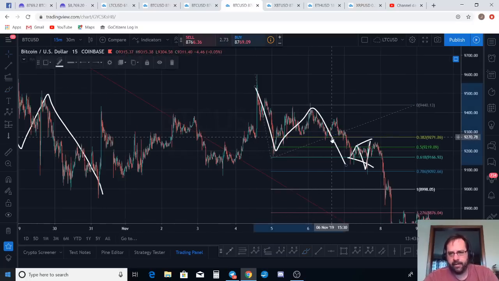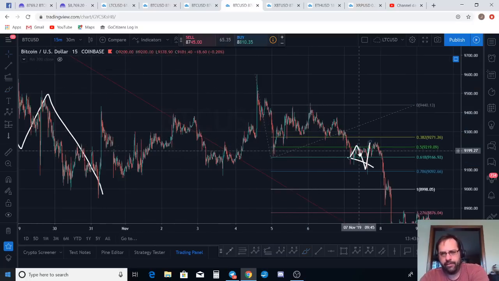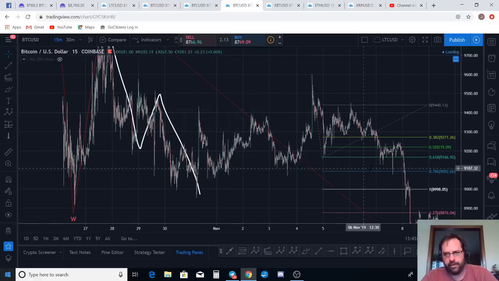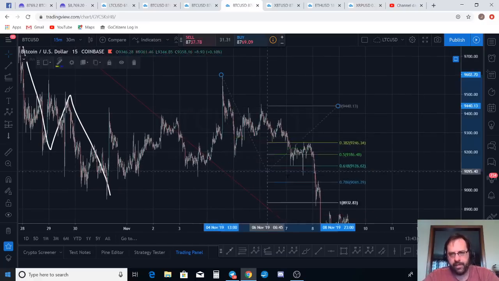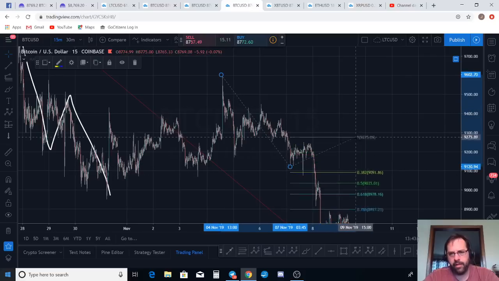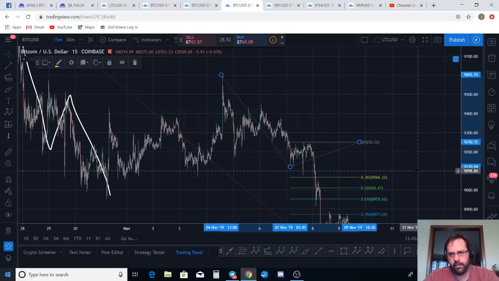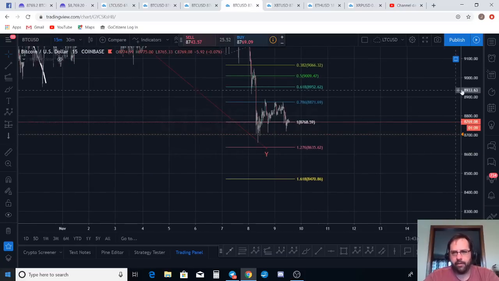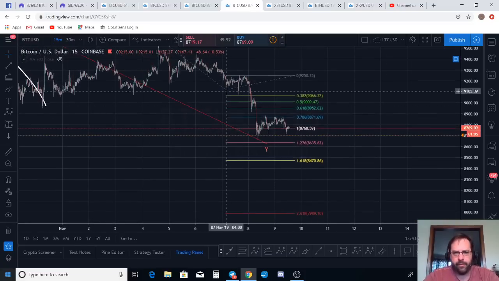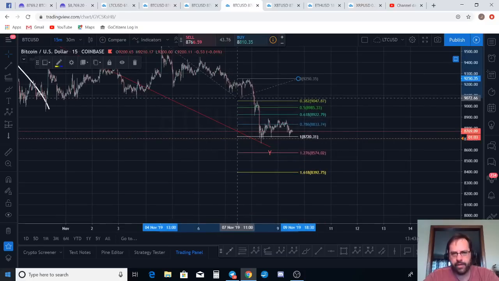Actually, if I do it this way, I haven't checked the fibs on this. Let me check it because I should. I put the fibs here, there. Boom, we came down to the 1-to-1 extension, wicked down to the 1276. If I put my fibs here, let me put it at a different location.